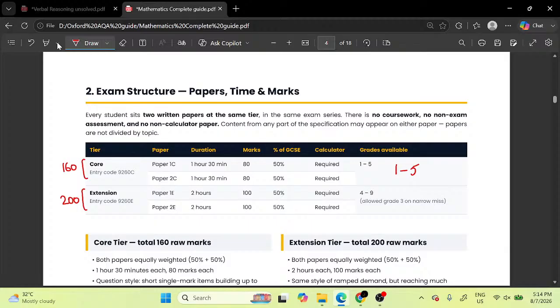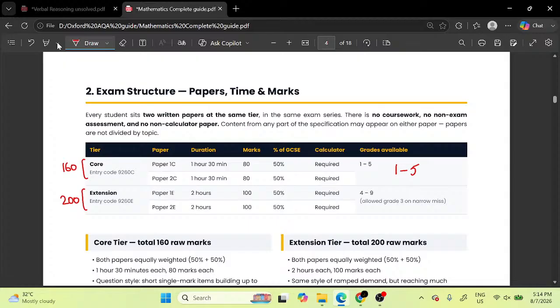There are a few topics that we can predict, but since both are calculator based, it's very tricky to predict which topic will be tested in paper 1E and which in paper 2E. So you have to prepare the whole syllabus for both of the papers.